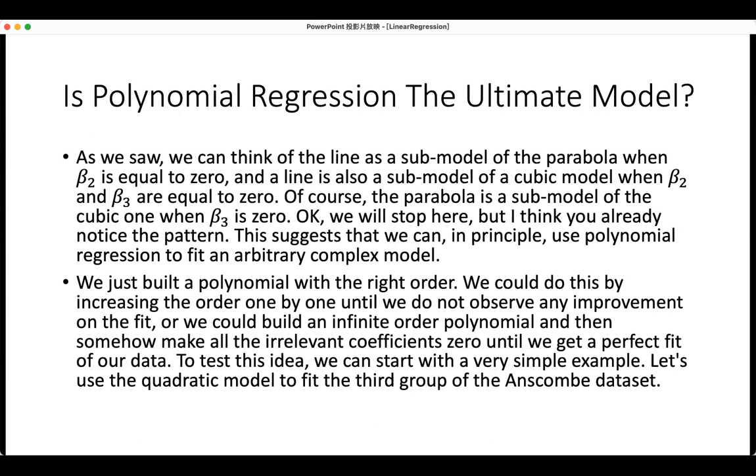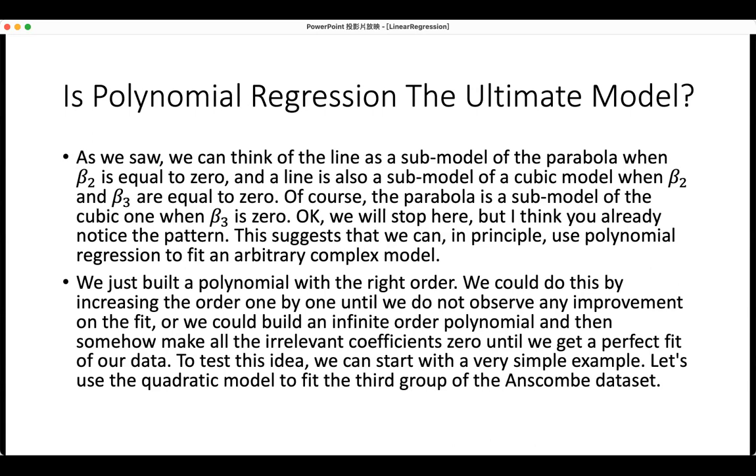We can think of the line as a submodel of the parabola when beta 2 is 0. And a line is also a submodel of a cubic model when beta 2 and beta 3 are equal to 0. The parabola is a submodel of the cubic one.